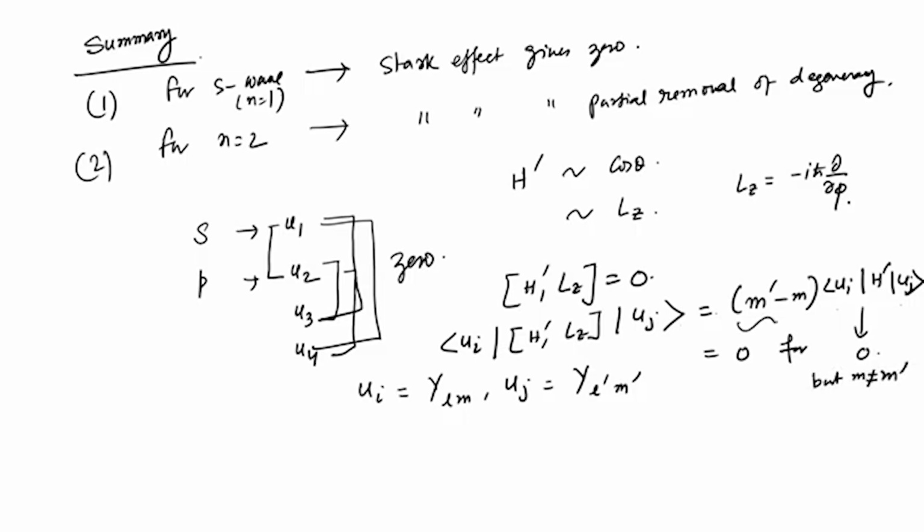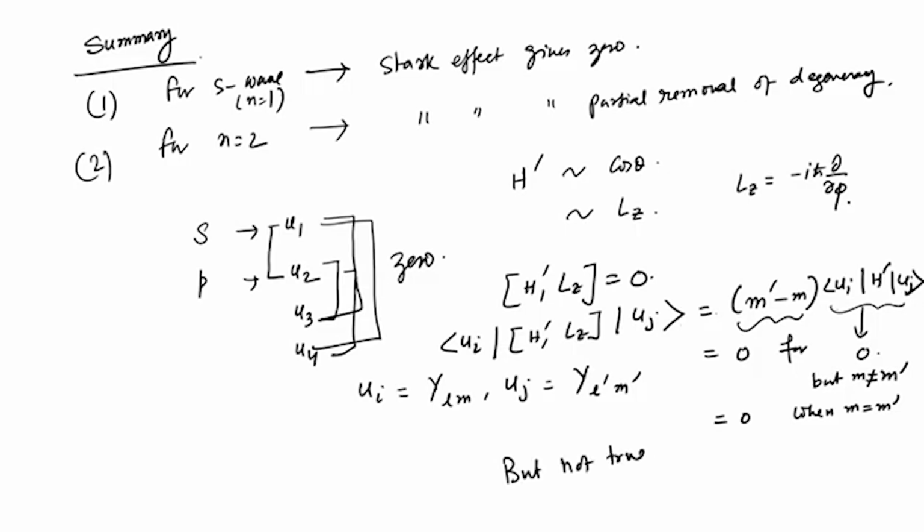So, it is not 0 because of that, but it is 0 because of this, and in the other case this is equal to 0 when M equals M prime, and that is why all these are 0 excepting the one. See, 3 and 4 is 0 because M is equal to M prime, we do not have the matrix element to be equal to 0, but not true for M equal to 0.